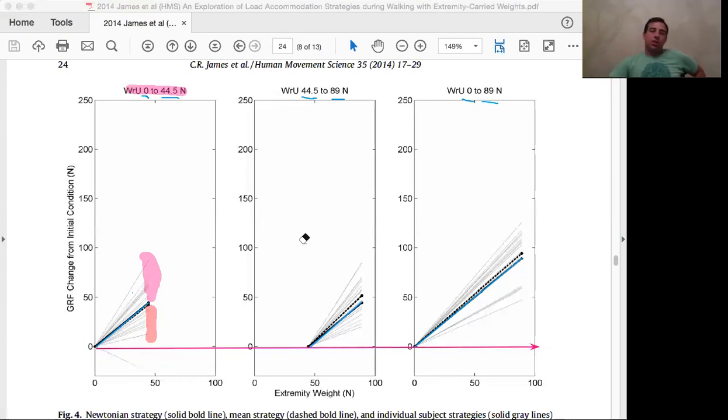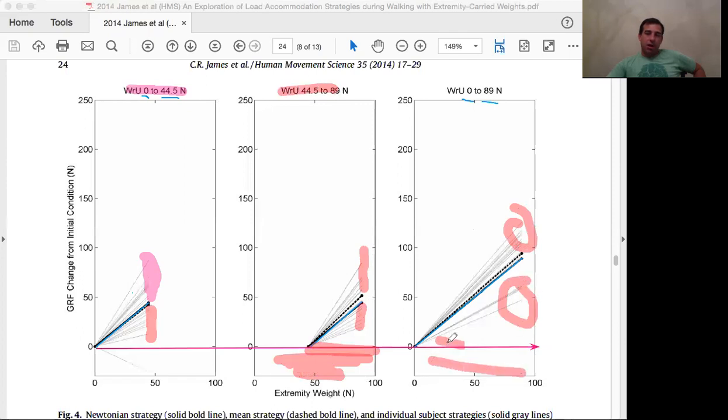Now, what you're going to notice too is over here, this is 44.5 to 89. You have super Newtonian, positive biomechanical, nobody down in the negative biomechanical, nobody at fully accommodating. Over here, super Newtonian, positive biomechanical, none for fully accommodated or negative biomechanical.